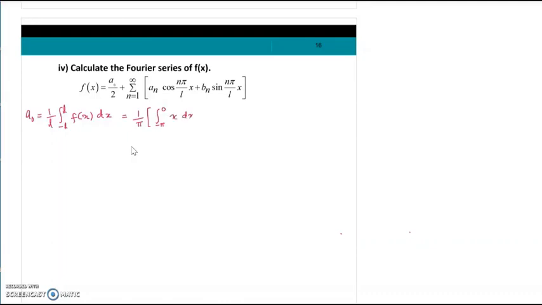For the second interval, it is from 0 to pi, but the function is 0, so basically we can ignore the second interval. So what we compute is just 1 over pi, and then the integral of x is x squared over 2. We evaluate from negative pi to 0. Simplifying, we get negative pi over 2. So this is our A naught. Later on, A naught will be put here.